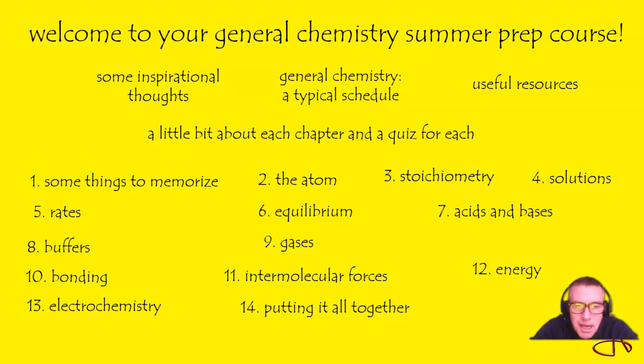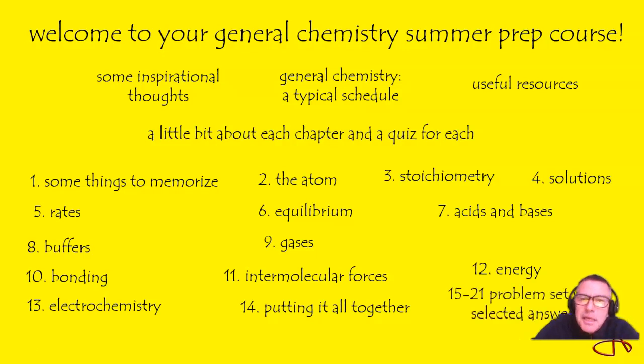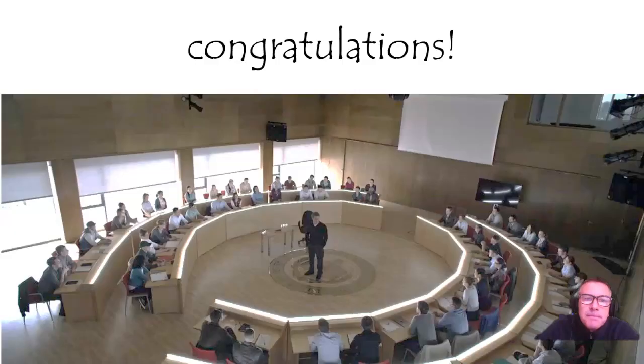These are the most common units you'll see in a general chemistry course. For this summer prep course, we'll spend the last week solving problems to make sure that you are comfortable with that, since that is the main focus of most of these courses, is to teach you how to solve problems.